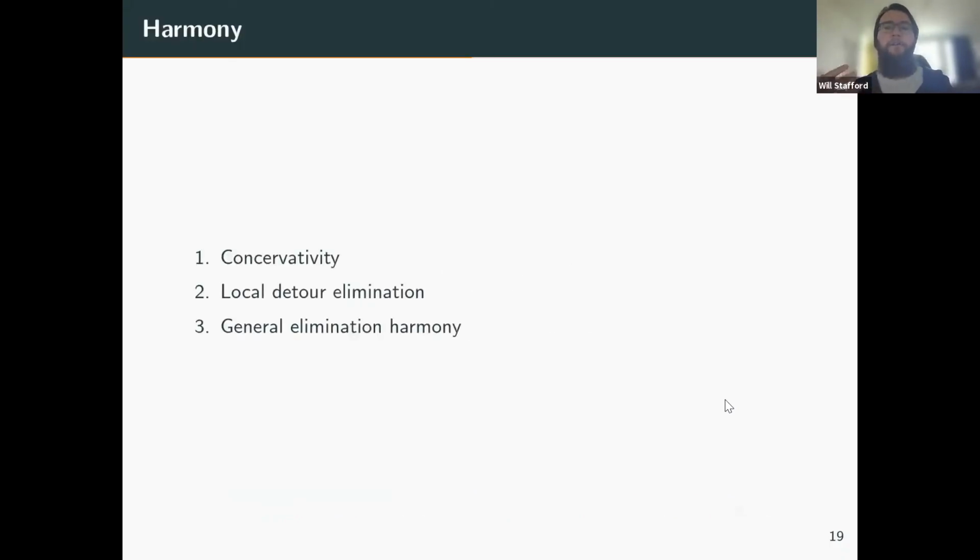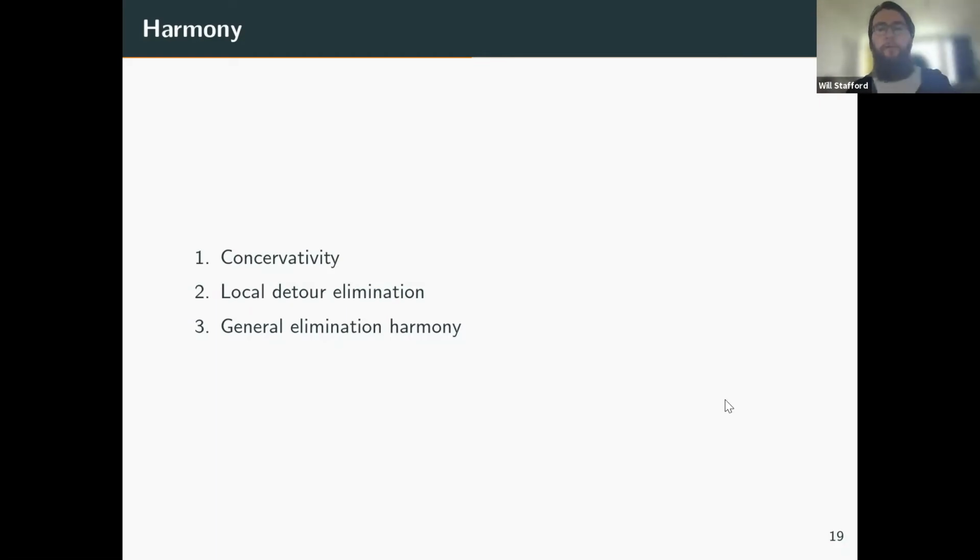Okay, and so there are several kinds of technical definitions of harmony. One is conservativity. When you add it to a system, you shouldn't be able to prove more than you can already in the system. Whether or not Harrop's rule is conservative, I don't know. I think that's an open technical question. Then another notion is local detour elimination.